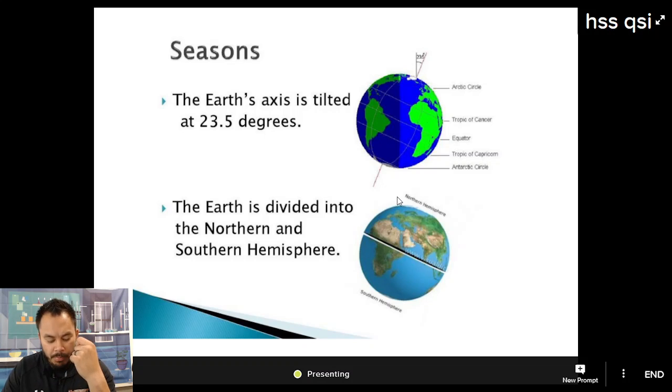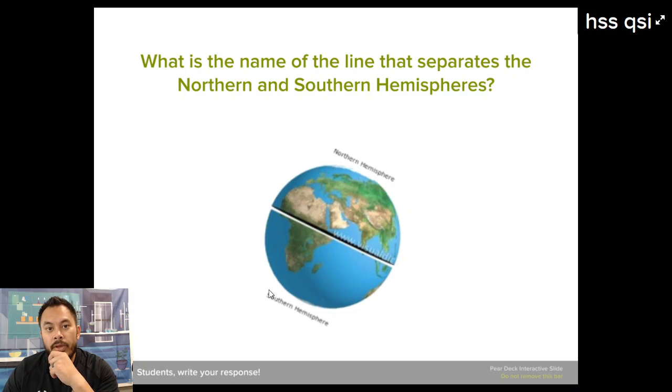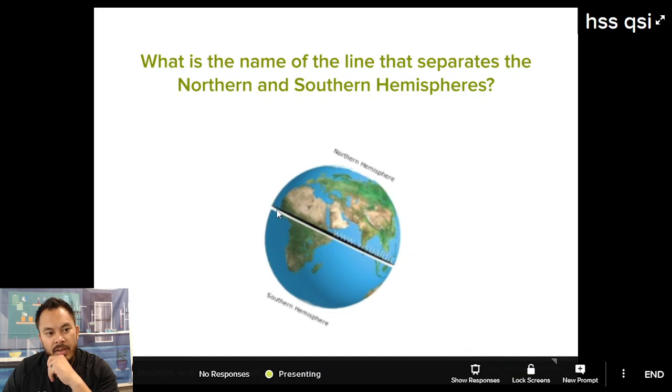So the question I would pose to you is, what's the name of that line that separates the northern hemisphere from the southern hemisphere? I already know that y'all know this. It's called the equator. It would be this line right here, and it runs through countries like Ecuador, for example, a lot of African countries, some other Central American or South American countries, and some Asian countries as well.